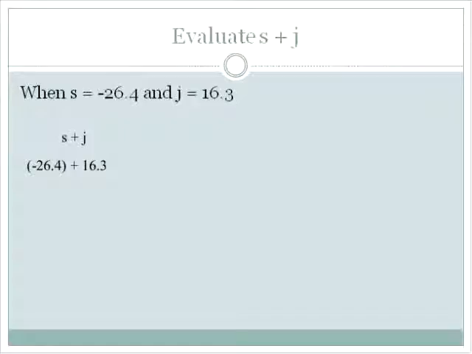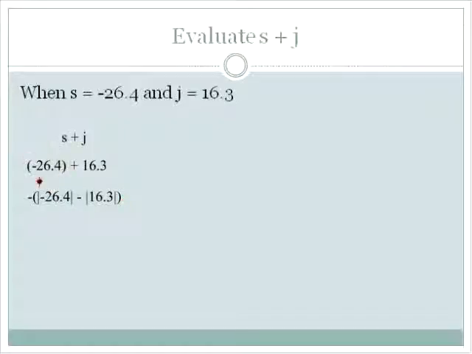But we're giving it a negative sign because that's what we're required to do. Negative 26.4 minus the absolute value of the smaller of the two, which is 16.3. And of course I missed. There. Alright, so there's what we have.